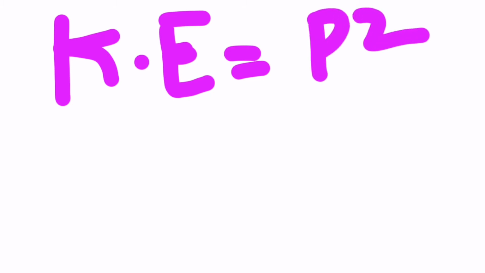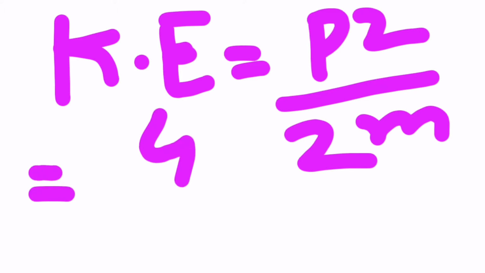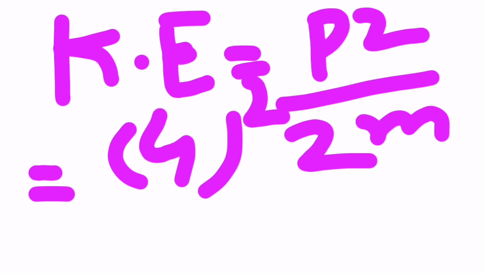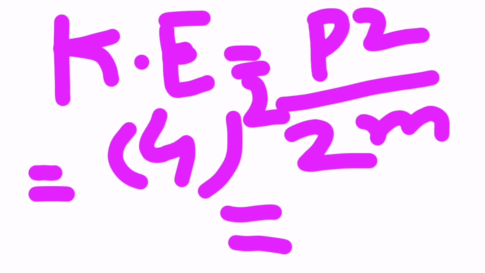Now let's add the values through which we will understand it. Kinetic energy is equal to p square over 2m. This is the formula in which we are going to put the value. Momentum is 4 times, so 4 into 4 is equal to 16.